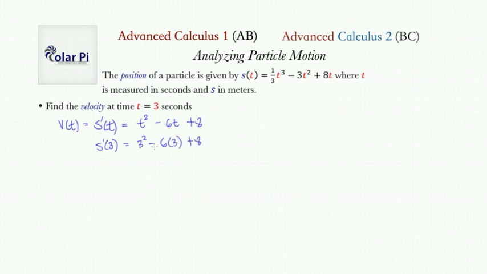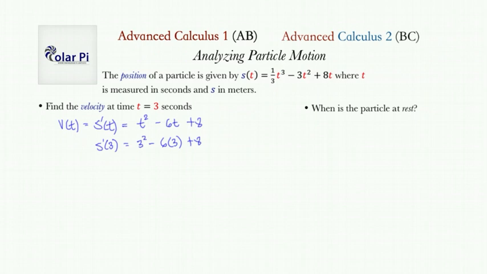And so what is that? That's 9 minus 18, that's minus 9, and then plus 8, I believe that's negative 1, right? Okay, cool. So the velocity at time t equals 3 is negative 1, and if you take the units into account, that's going to be meters per second, right? Velocity is measured in units per second. Okay, all right, cool. So that's that for this part.